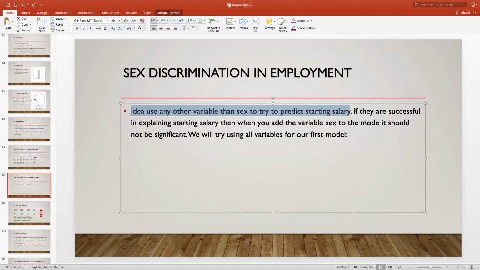If they are successful in explaining starting salary, then when you add the variable sex, it should not be significant. That is, we should not be able to reject the hypothesis that its coefficient is 0. So it's possible that sex is 0 and that sex doesn't play a role in the regression.